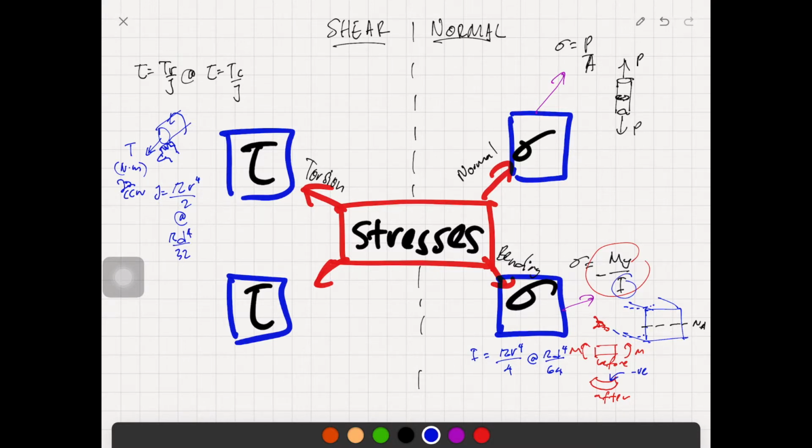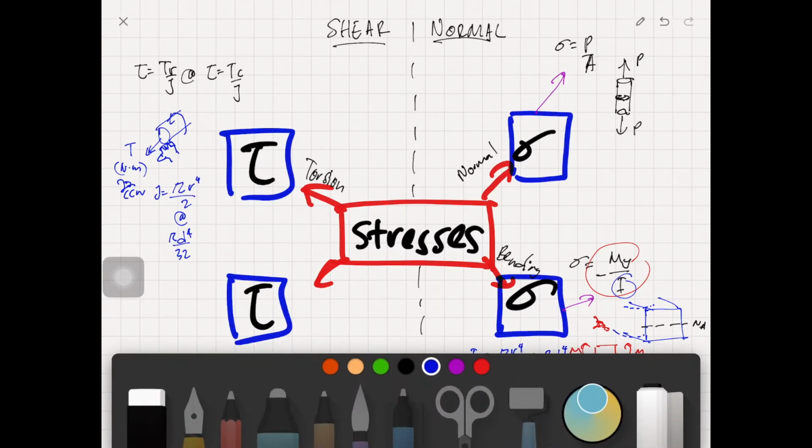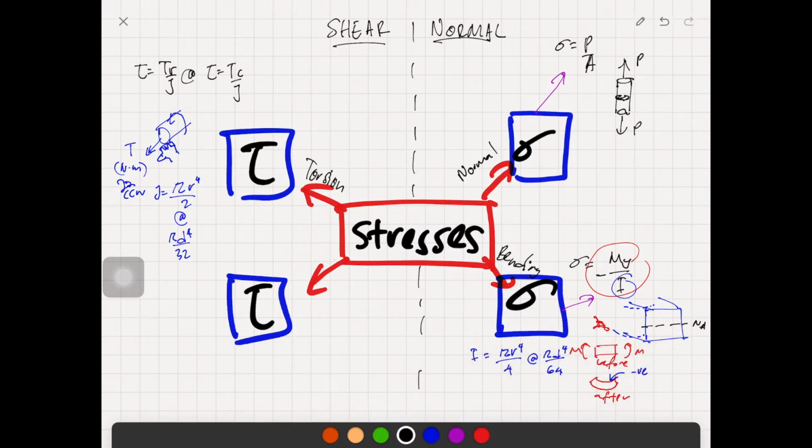And this is, last but not least, the fourth type of stress. I think I can say this is the most complex of the stresses that we have in the overall concept of stresses.